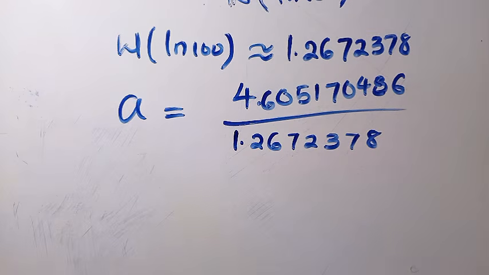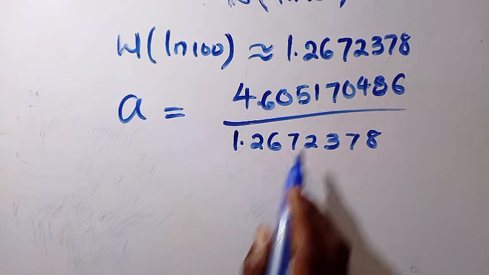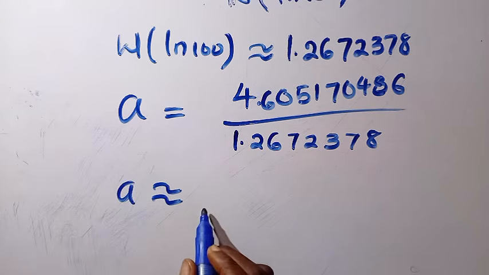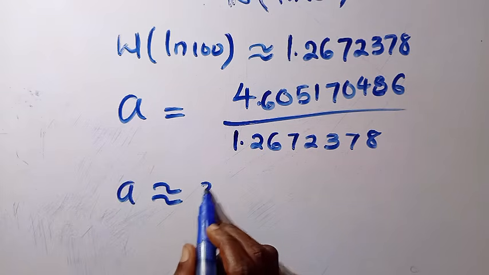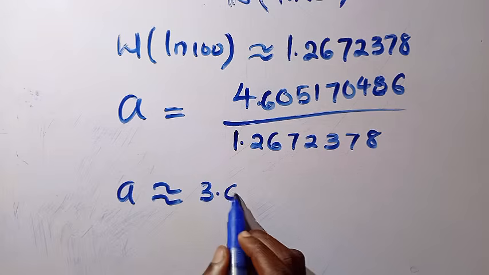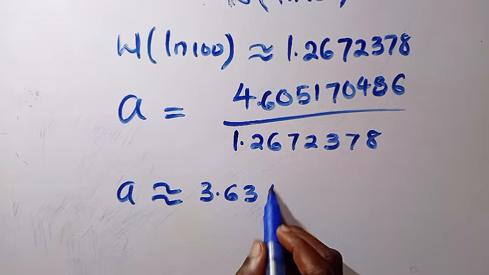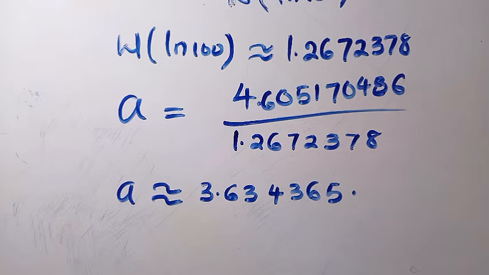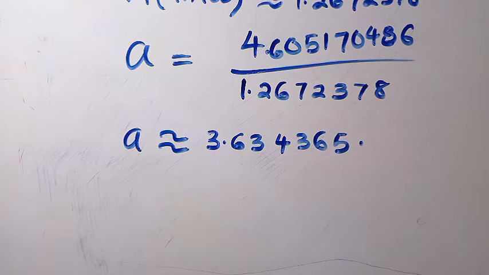If we divide these together, we are going to have A approximated to 3.634365. So this is what we have for the value of A.